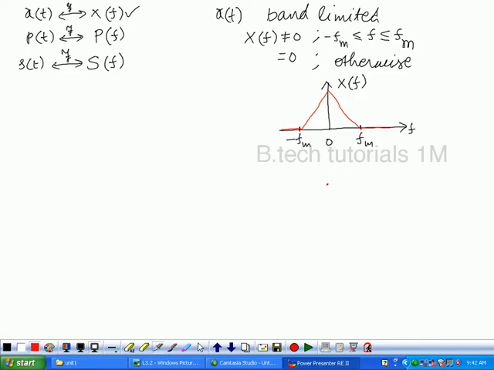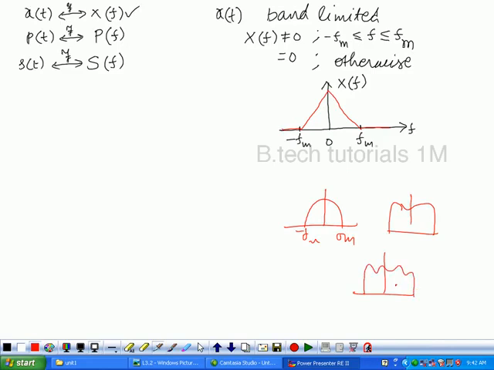Why did I select that shape? It is easy to draw. It may be like this also. Here also it is non-zero from minus fm to plus fm, or it may be some other shape like this, or it may be something different.